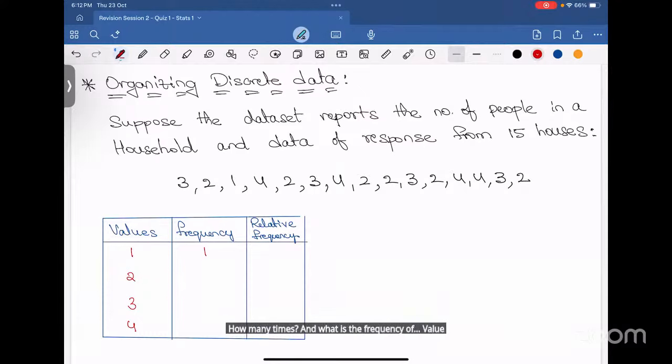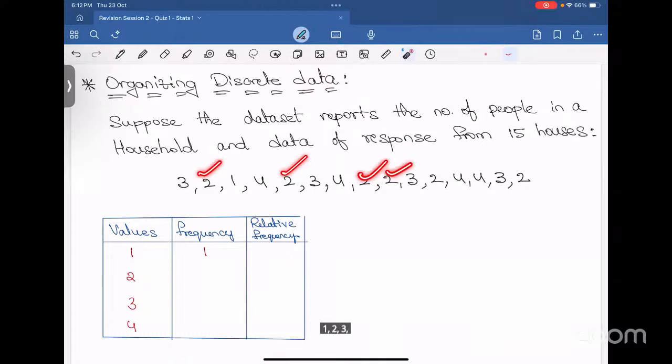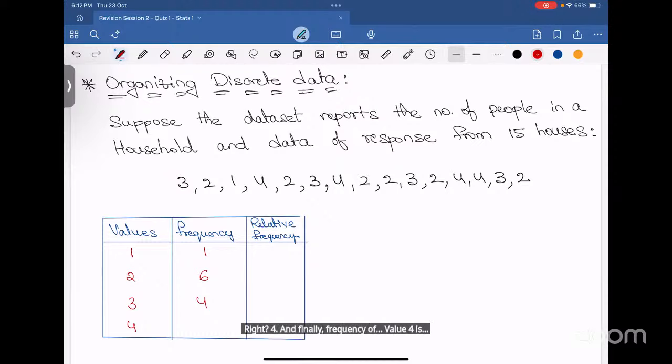Six. We can count 1, 2, 3, 4, 5, 6. The frequency of 3 is 4, and finally the frequency of value 4 is 4. So this is the frequency.